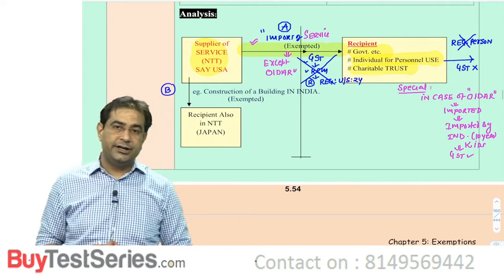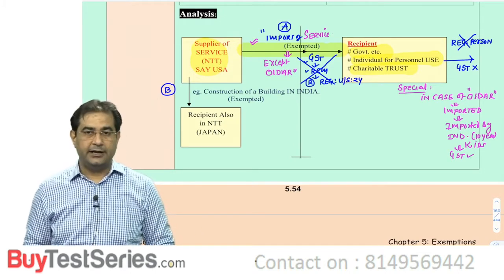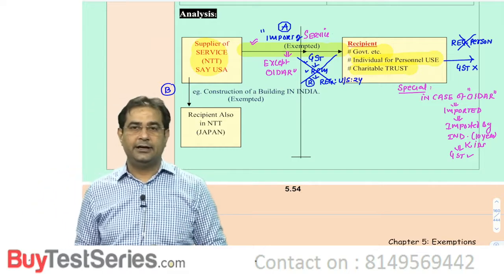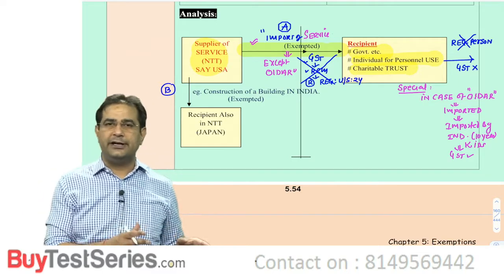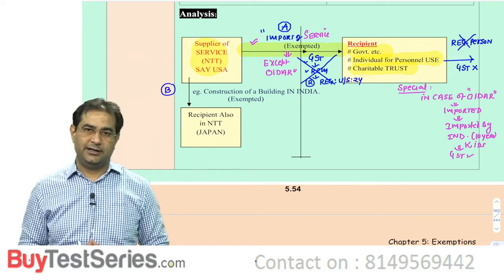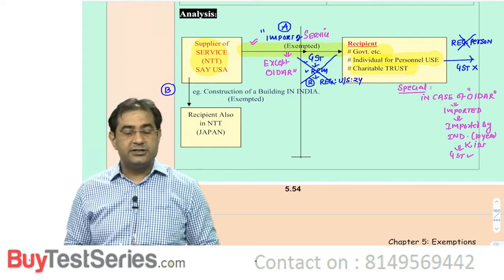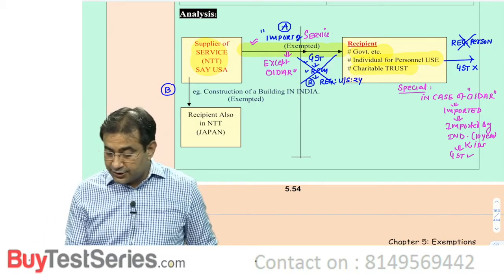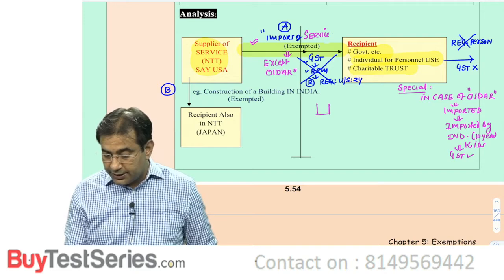Supplier located in a USA entity and the recipient is also located in a non-taxable entity, meaning thereby both the parties are located outside India. But suppose the service is construction of a building, and the construction of the building is within India.